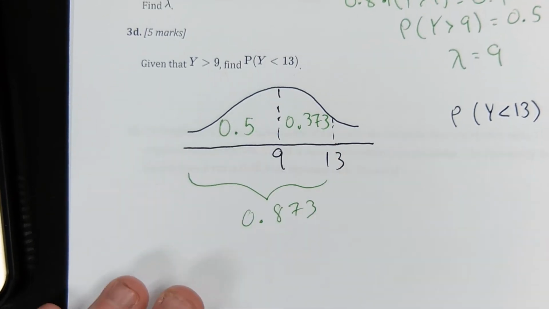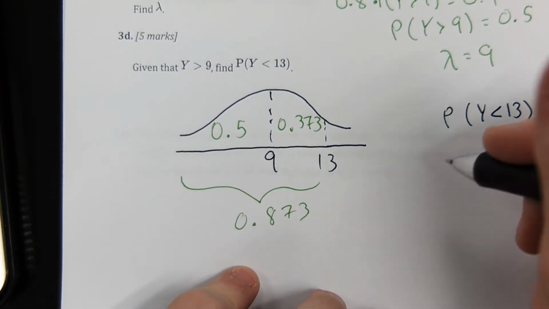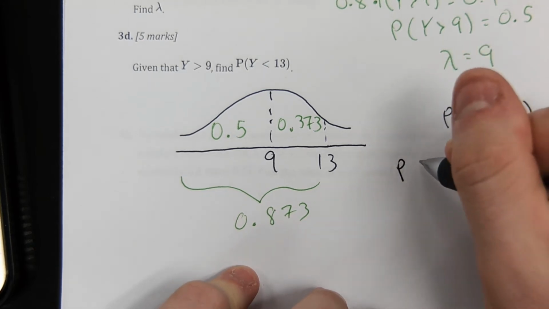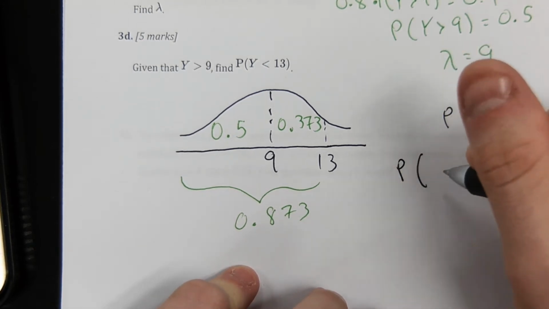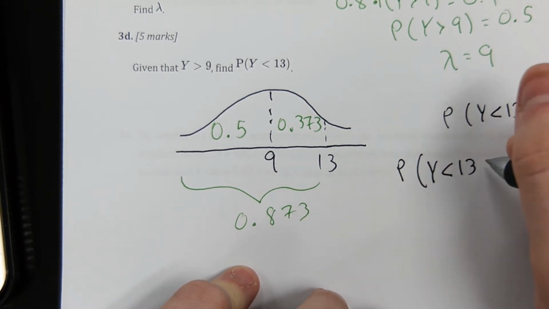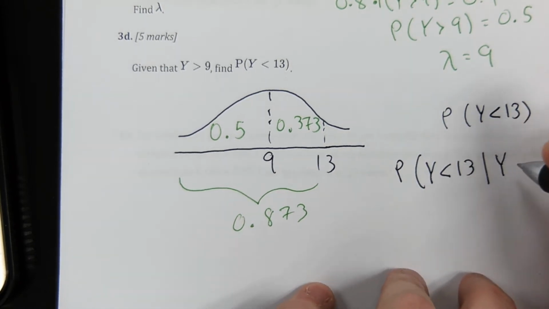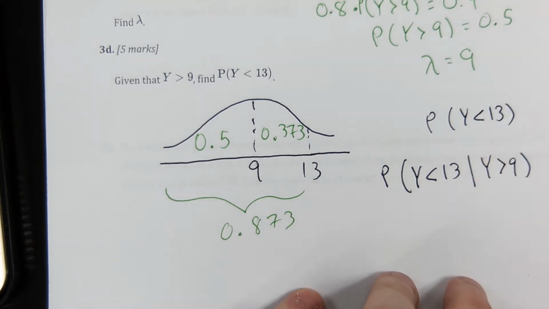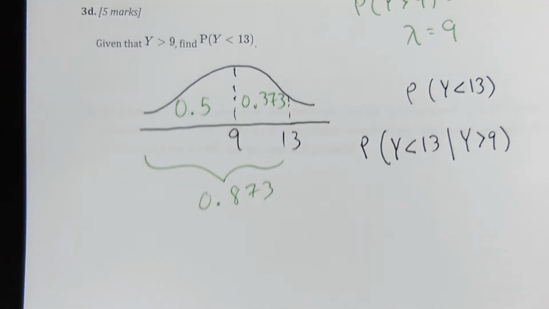This statement now, I think the safest thing to do would be to write it in the conditional probability format. It says, find the probability that y is less than 13 given that y is greater than 9. I've written way too large, so I'm just going to go vertical here.